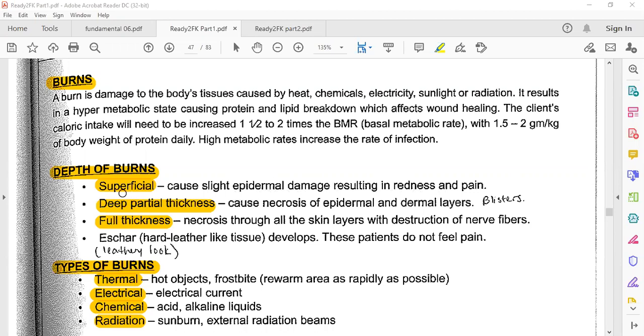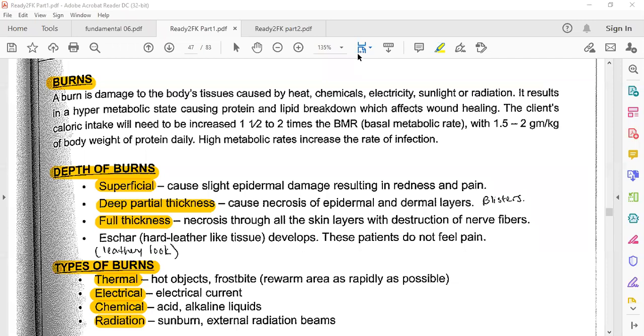The best example is sunburn. Red and pink skin occurs and no blister forms, but a superficial burn is very painful, right?